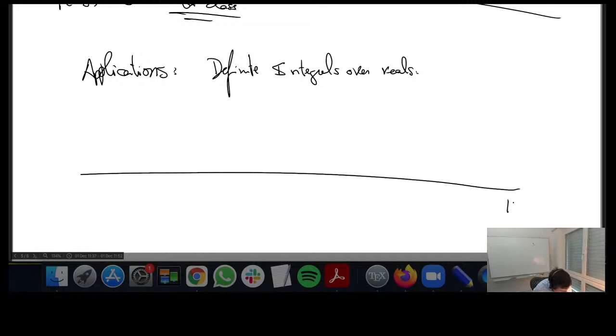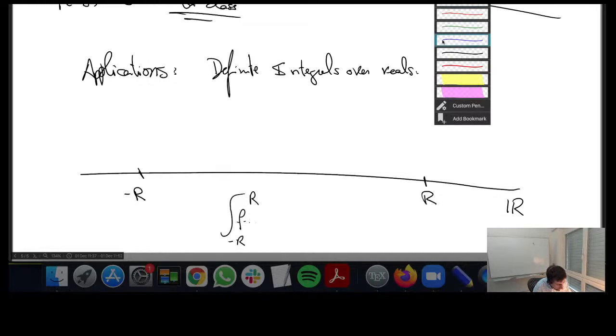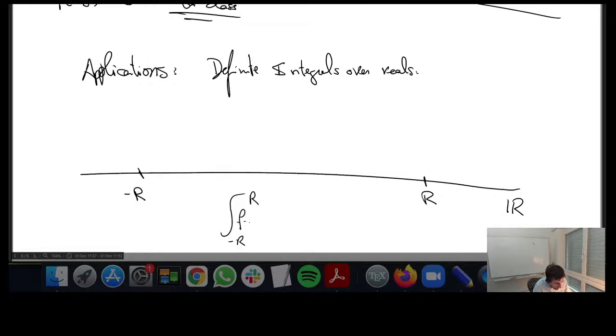Let's say I take here the reals, and you take maybe the integral from minus r to r of some function, whatever it is, over the reals. Then there'll be times in which you can define some other curve in which it's actually much easier to compute the integral over this, right?